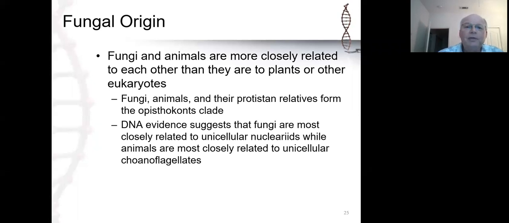We believe that both animals and fungi and the protists to which they are most closely related are descended from a single common flagellated ancestor. Because remember that from our look at protist diversity and origins of eukaryotes, the fungi and animals and their related protists are assigned to a clade called opisthokonts.